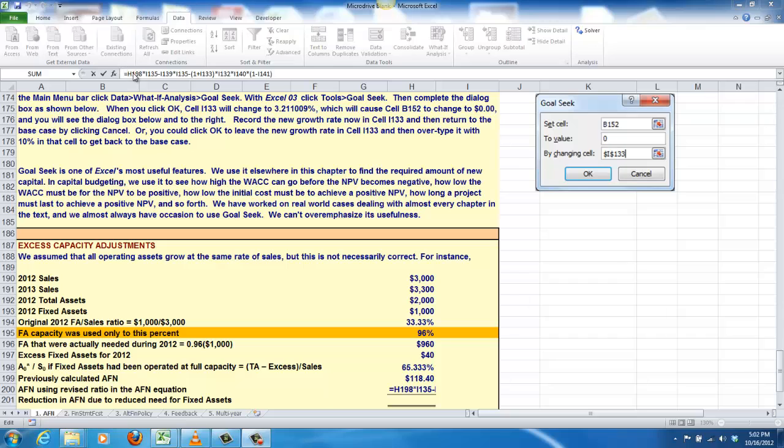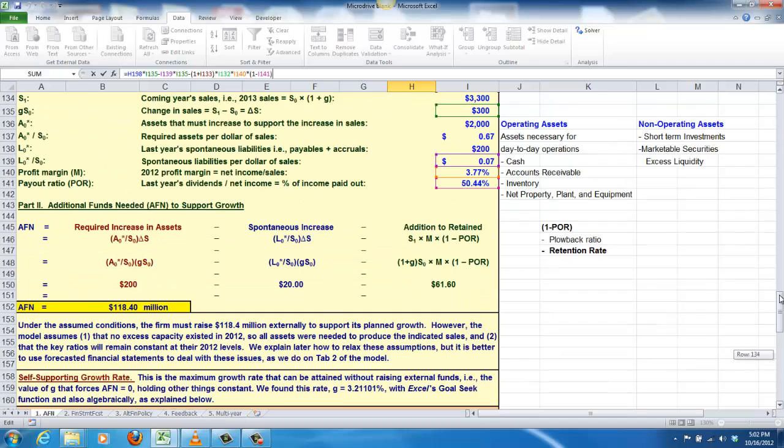So what I have here is our new percentage of operating assets to sales of 65.333%. That's our first number, H198 here, multiplied by our increase in sales of $300.